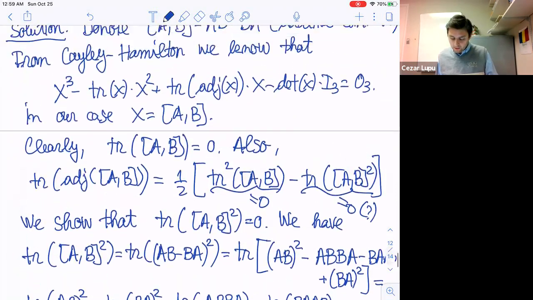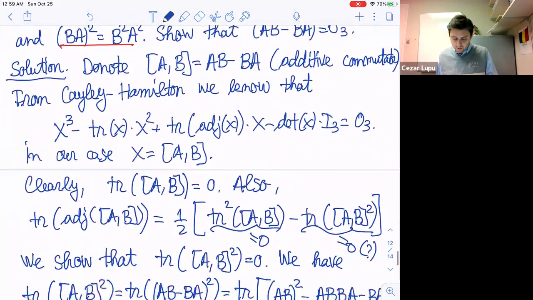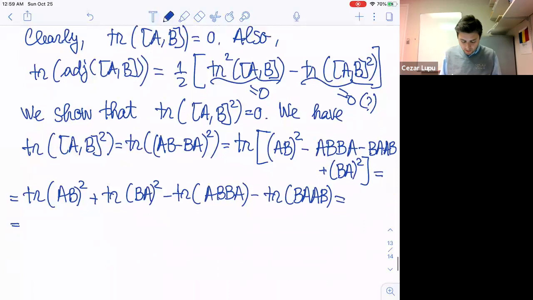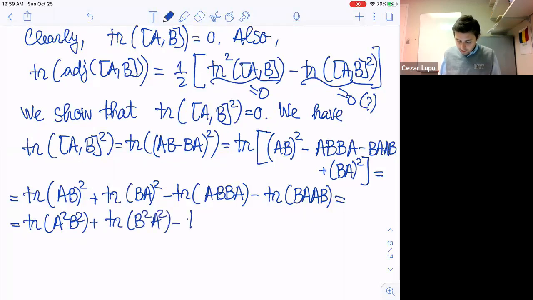and now let's look, let's use our relations. So AB squared is A squared B squared, so this would be the trace of A squared B squared plus the trace of B squared A squared minus the trace of AB BA. Okay, at this point it becomes quite clear what's going on here.